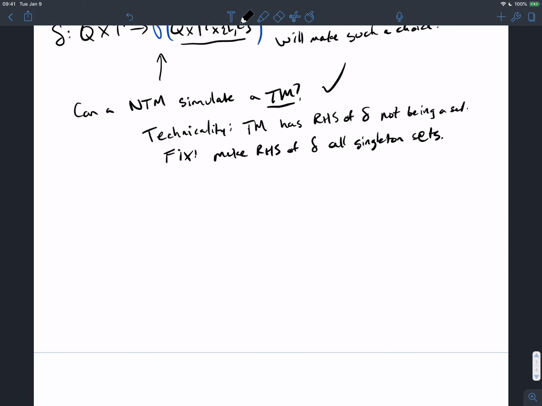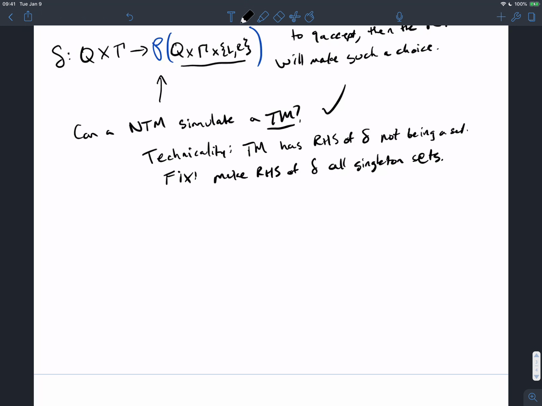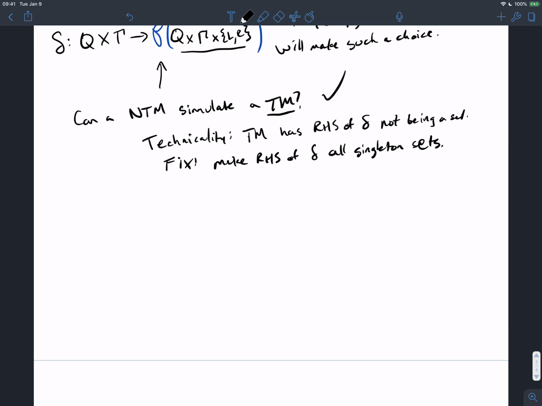But if you just look at it as a state diagram instead of the formal way, then any state diagram of a Turing machine is a non-deterministic machine. So that's easy. But now the question that seems a lot harder is, can a Turing machine simulate a non-deterministic one?